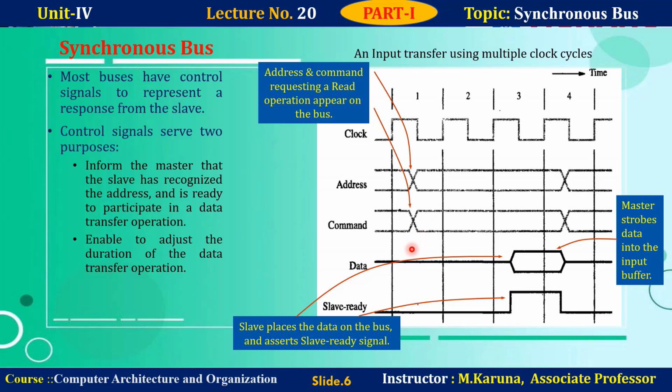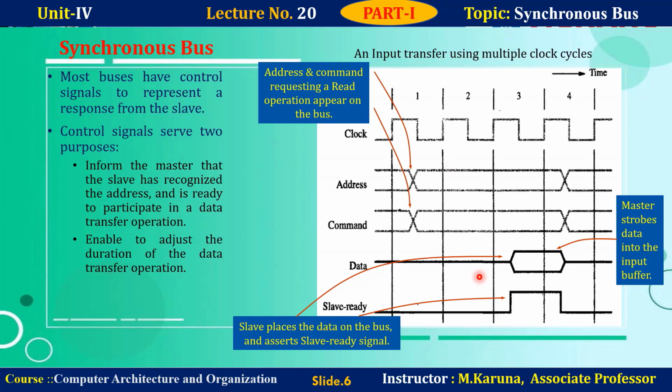The slave receives this information and decodes it on the following active edge of the clock, that is at the beginning of clock cycle 2. It makes a decision to respond and begins to access the requested data.